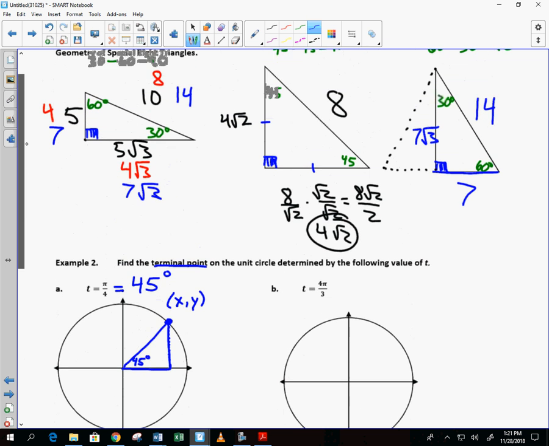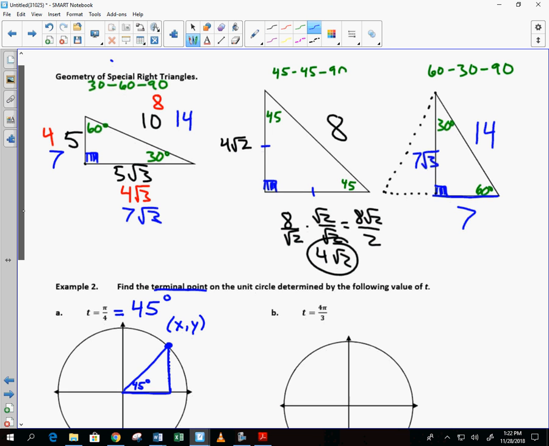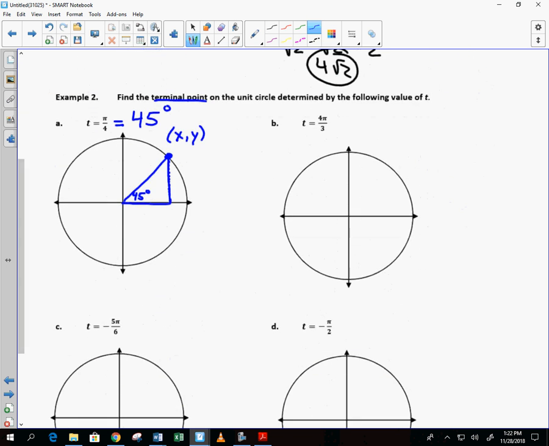Which special triangle up here have I created? 45, 45, 90. Now, the nice thing about the unit circle is, what is the length of the radius all the time in the unit circle? It's 1. So you know that this length is 1. Is everybody okay with that?